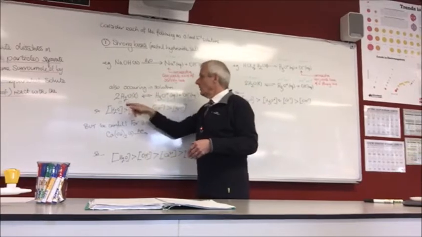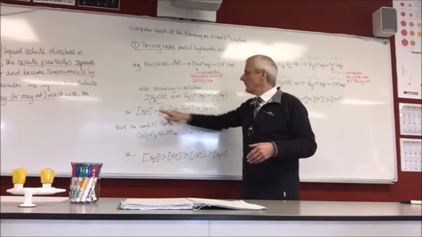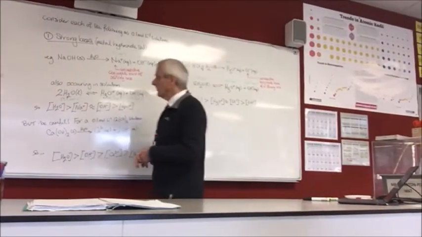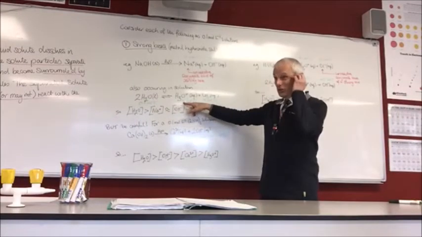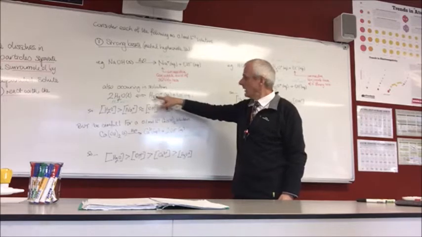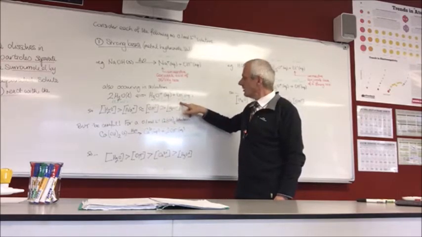In that solution, the water will be at 55, I put 5.5 there, it's about 55.6 in fact. And if we look at the auto-dissociation of water, what we get is 10 to the minus 7. So that's one ten-millionth of a mole of H3O+ and one ten-millionth of a mole of hydroxide. Okay, so these are tiny, tiny.